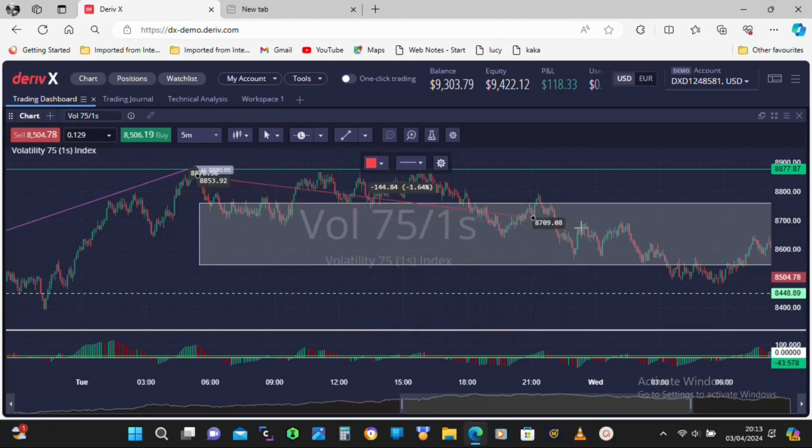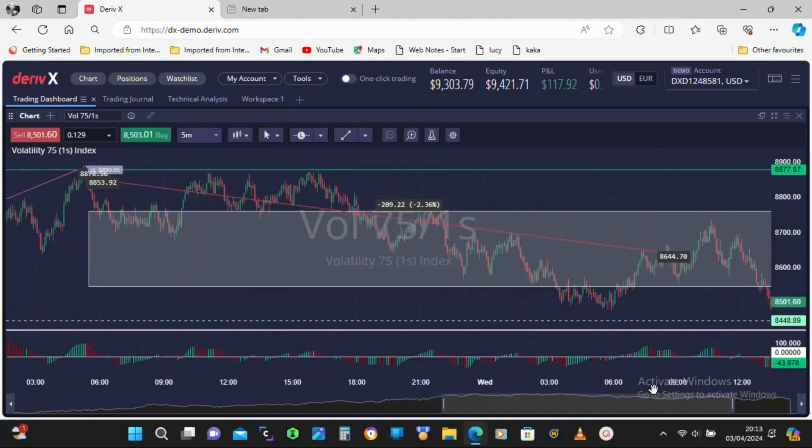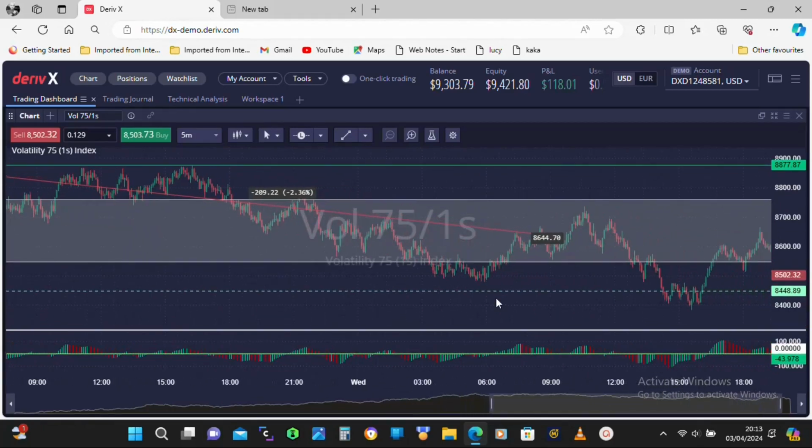Another thing you should bear in mind is that you should not enter the market when we have a sideways movement. A sideways movement will just show you almost the same highs and same lows, the same margin of highs and the same margin of lows.